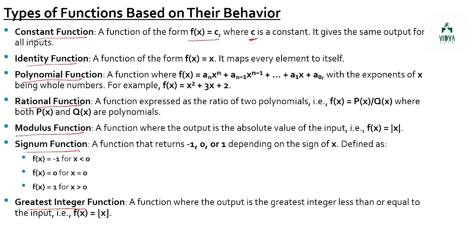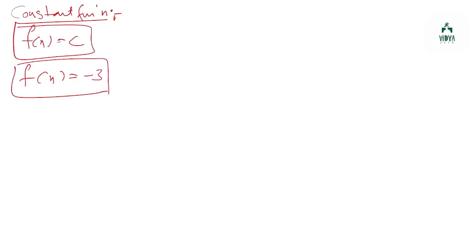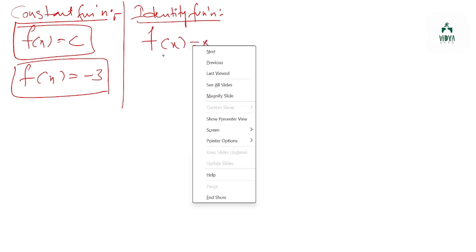Then what is the identity function? Identity function is a function which maps to itself. For example, if I say f(x) = x, is x varying now?